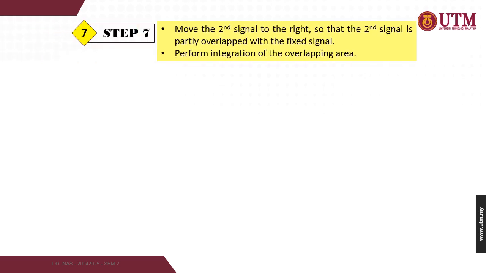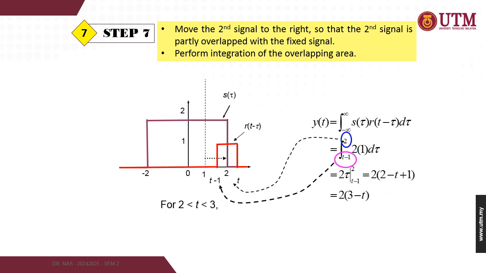Next step, move the second signal again until it is partly overlapped on the right, and then perform the integration over the overlapping area. We have seen the signals with no overlapping, then moving to partly overlap, then moving again until completely overlapped, and now moving again to the right until partly overlapped in this area.